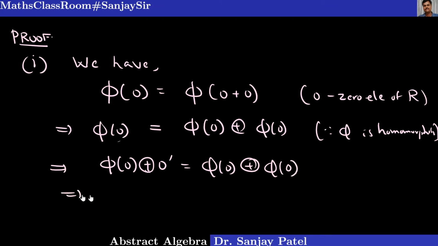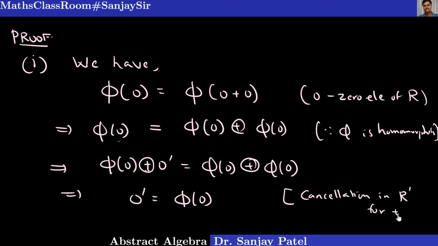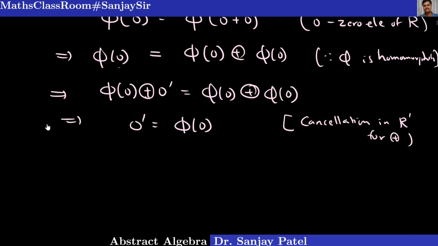So that gives us 0 dash is equal to phi of 0, because you can cancel phi of 0 from both the sides by cancellation law in R dash for the operation of addition, that is plus circle. So we have proved that phi of 0 is equal to 0 dash.